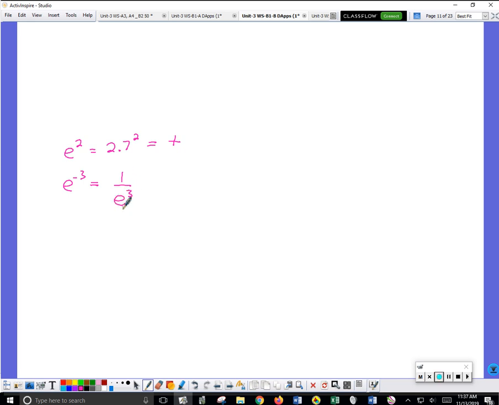But because e cubed is positive, this would still be a positive value. If the exponent were 0, 2.7 to the 0 power is 1. So that's still a positive value. There's no way for me to choose an exponent of e that will cause the result to be anything but positive. So e to any exponent is always positive.